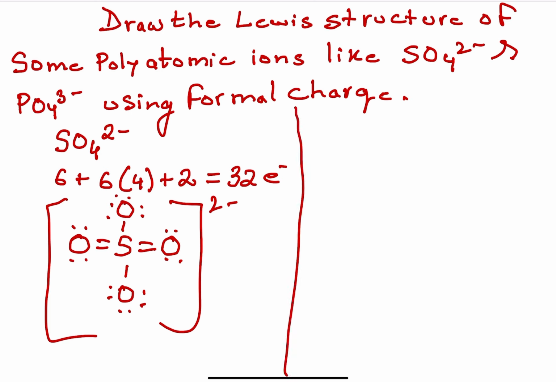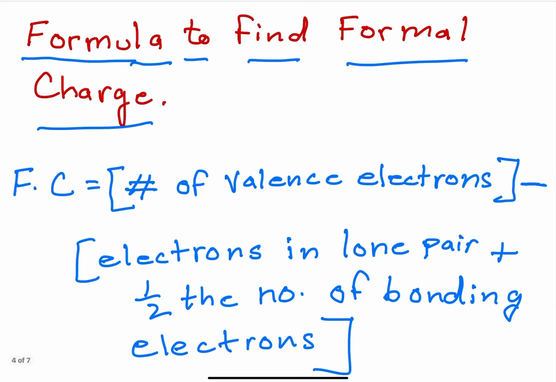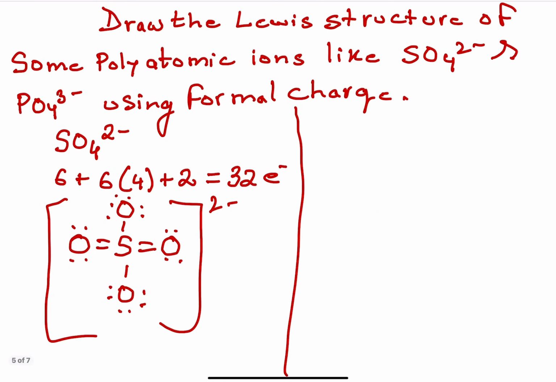Let's confirm the structure by working on the formal charge. Again, the formula for formal charge is number of valence electrons minus electrons in lone pairs plus half the number of bonding electrons. Let's calculate the formal charge of sulfur first.